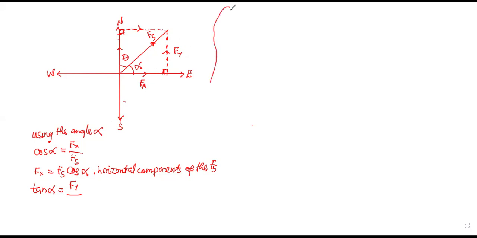So based on what we have, obviously we are to use sine. So when we take the sine of alpha, it is equal to the opposite Fy divided by the hypotenuse F5. Therefore, Fy is equal to F5 times sine of alpha.